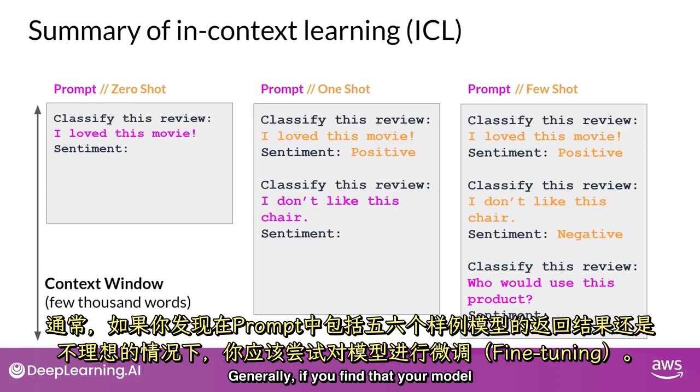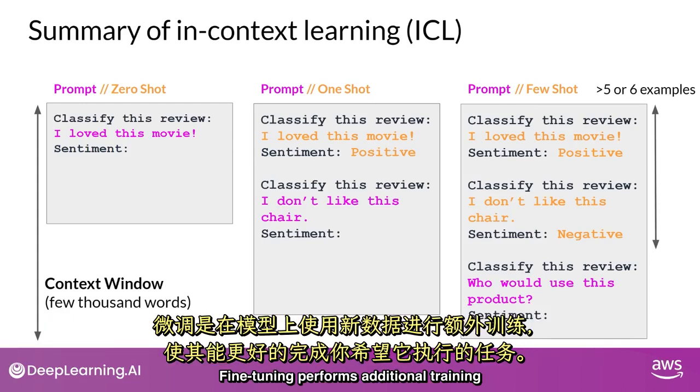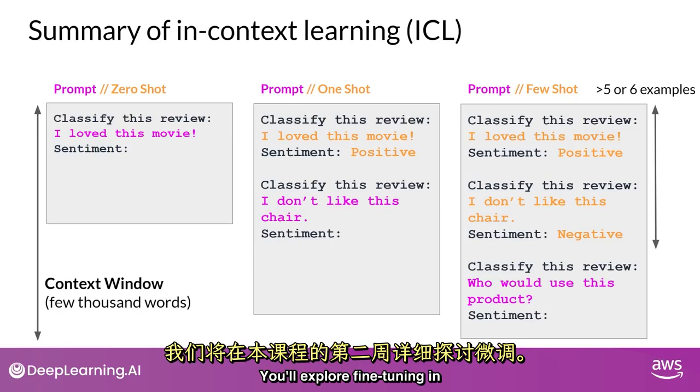Generally, if you find that your model isn't performing well when, say, including 5 or 6 examples, you should try fine-tuning your model instead. Fine-tuning performs additional training on the model using new data to make it more capable of the task you want it to perform. You'll explore fine-tuning in detail in week 2 of this course.